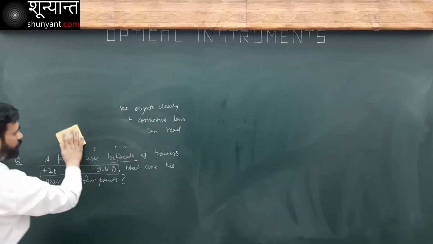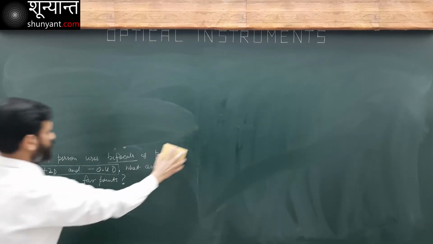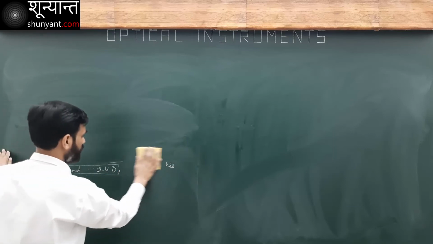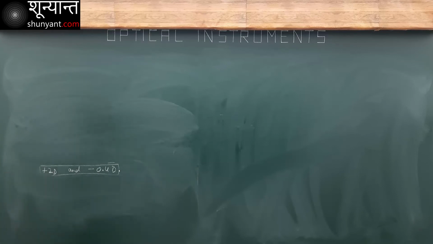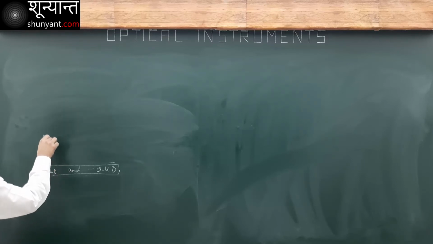So we use a convex lens. I have these two powers here: plus 2D and minus 0.4D. Now this is for farsightedness.